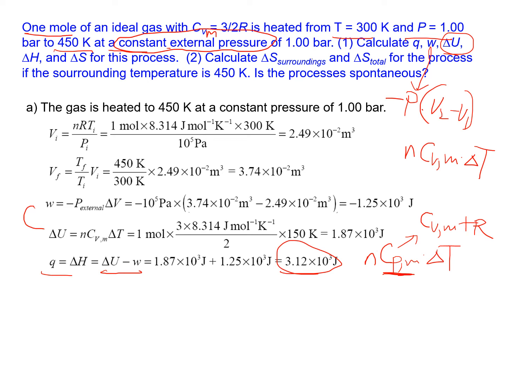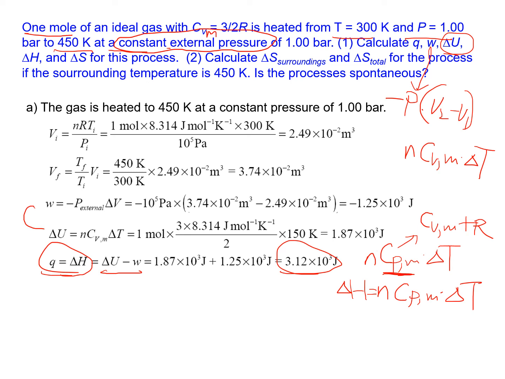So two ways to calculate the Q. To calculate delta H, we know constant pressure enthalpy is heat. So you can either just let delta H equal Q, or delta H for an ideal gas is always n CP delta T. So again, that gives you the same results.